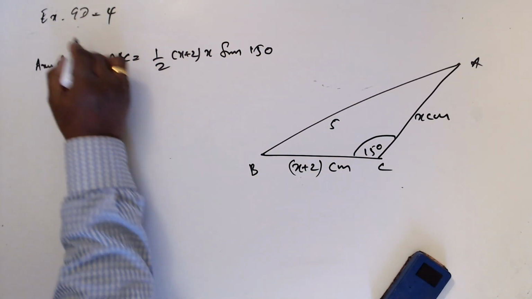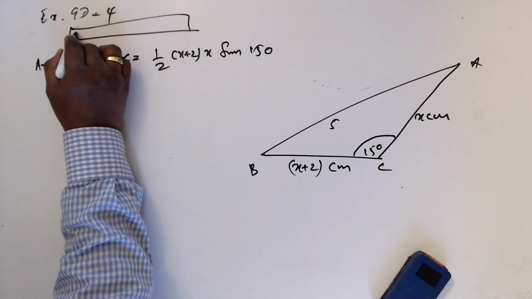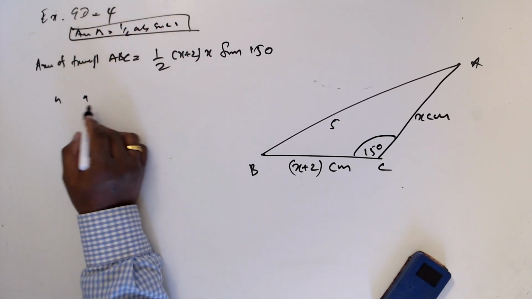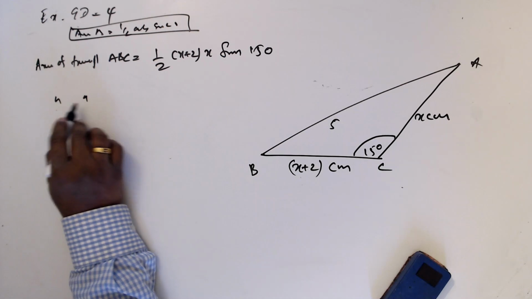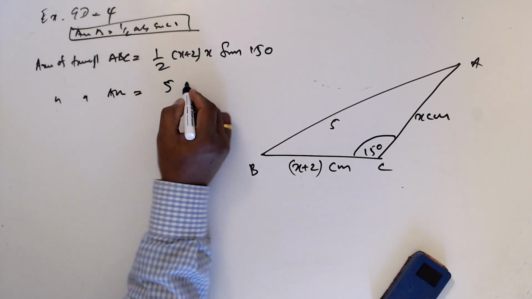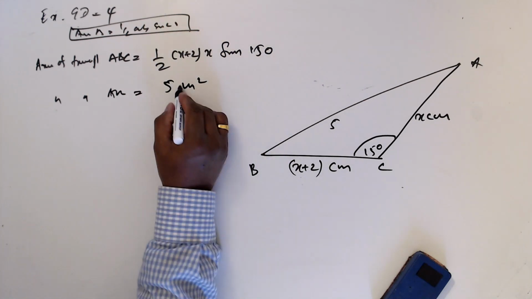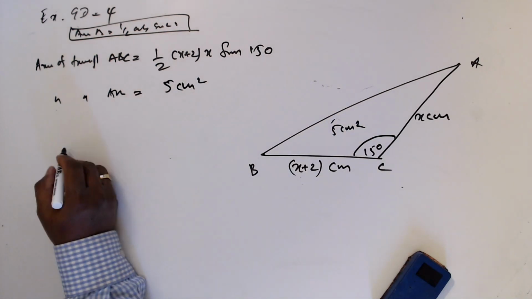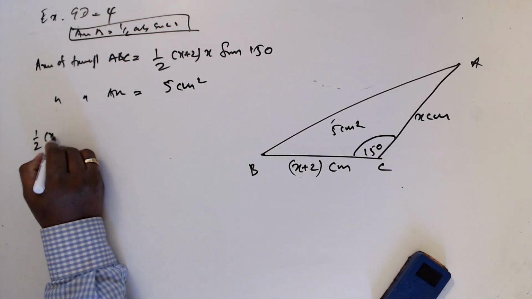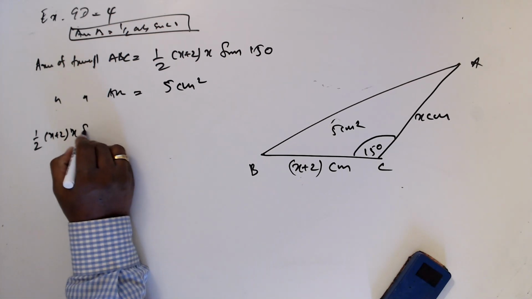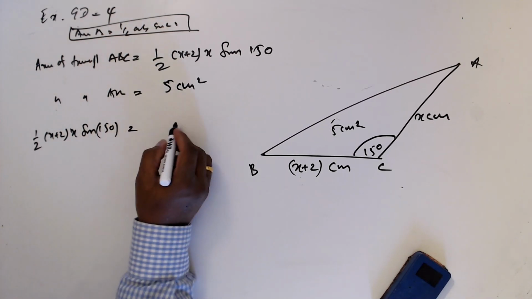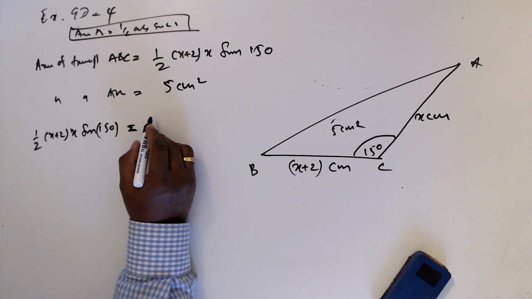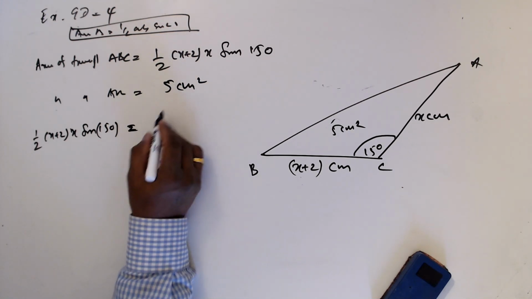First of all, write the rule: area of triangle is half a b sine C. Then again, the area of triangle ABC is given as 5 square centimeters. Then half times x plus 2 times x times sine 150 is 5.